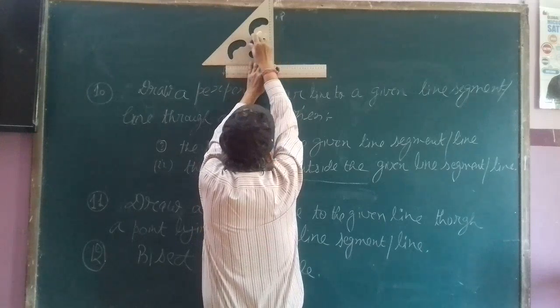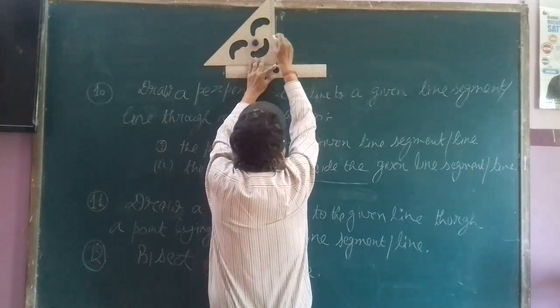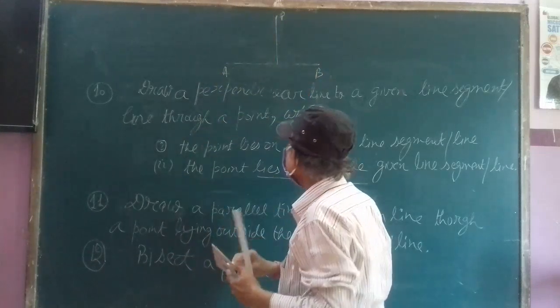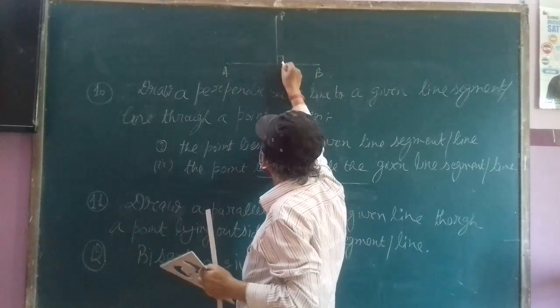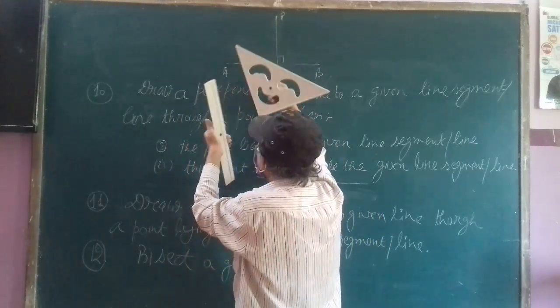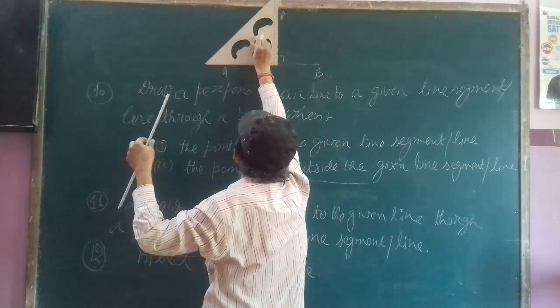I have a bit limited space, so you can draw like this. This angle you will see is 90 degrees, because you have made it 90 degrees. You can check again. Okay, this angle is 90 degrees.